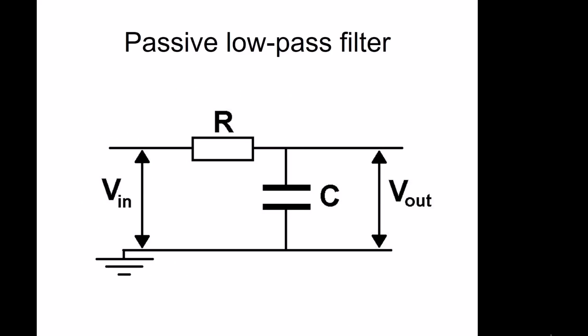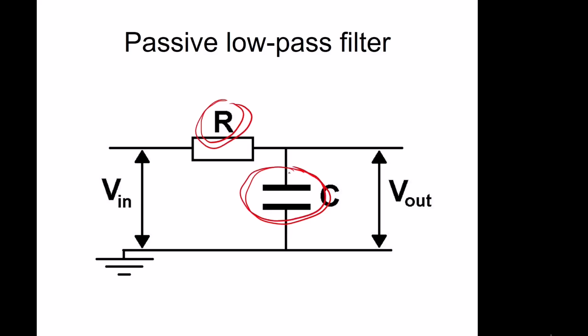The simplest filter design is a passive low-pass filter, where we've got a resistor here and a capacitor to ground here. The passive high-pass filter is virtually identical, except the capacitor and the resistor are interchanged. So for the high pass, the capacitor is here and the resistor is here.